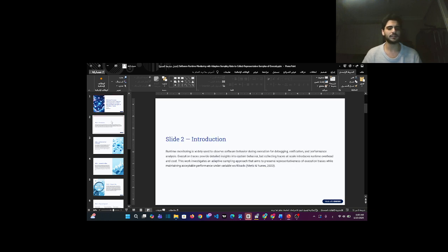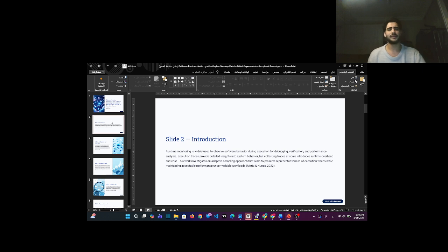So, in the introduction, runtime monitoring plays a critical role in modern software systems. It allows developers and operators to observe system behavior during execution for purposes such as debugging, verification, and performance analysis. One of the most common monitoring techniques is collecting the execution traces.